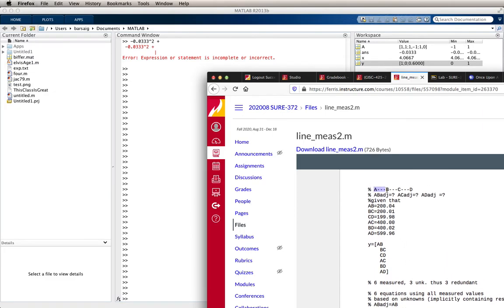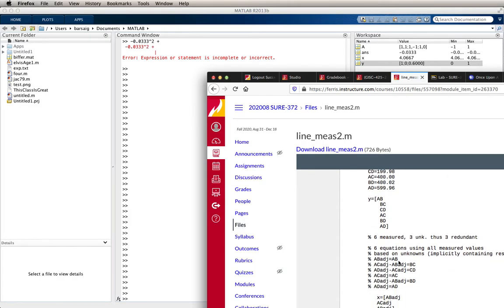And AD theoretically is equal to AD adjusted. And again, all of these implicitly contain the residuals. That is, we can add plus VAB plus VBC plus VCD plus VAC plus VBD plus VAD.